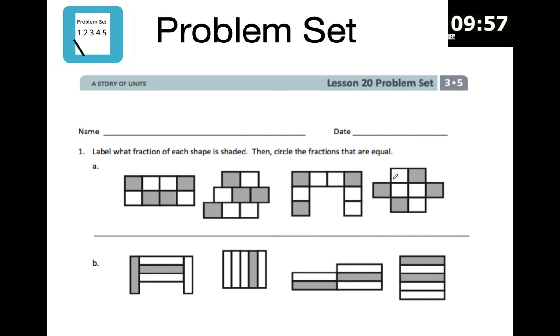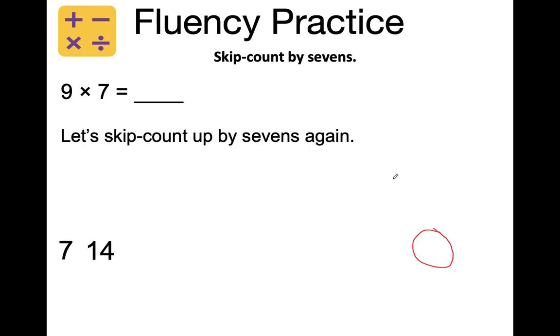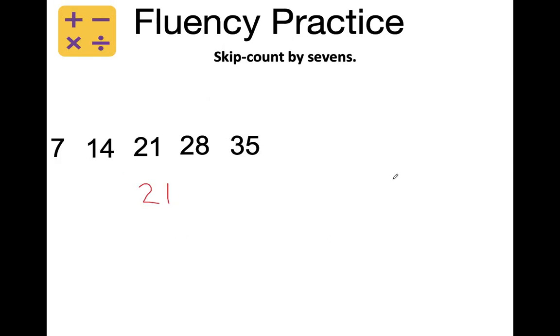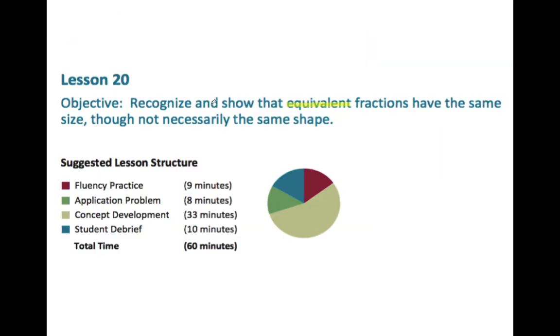I want to go back and just remind you of the goal of our lesson today. The goal of our lesson today was just to recognize and show that equivalent fractions can have the same size, though not necessarily the same shape.